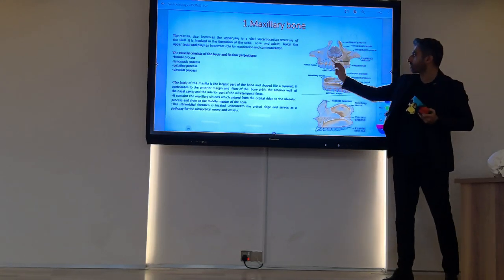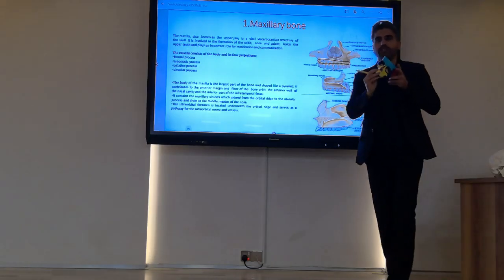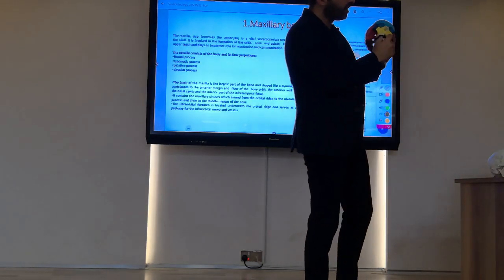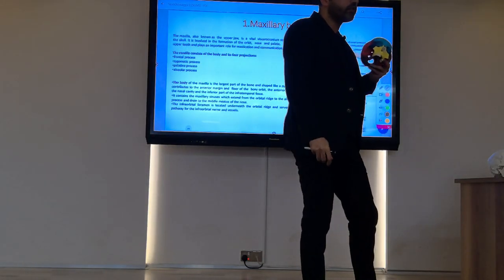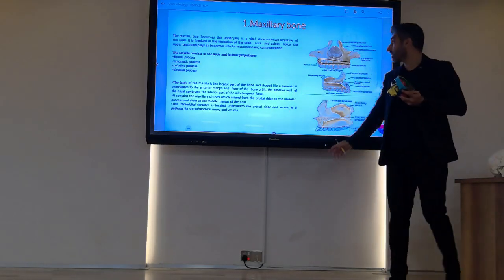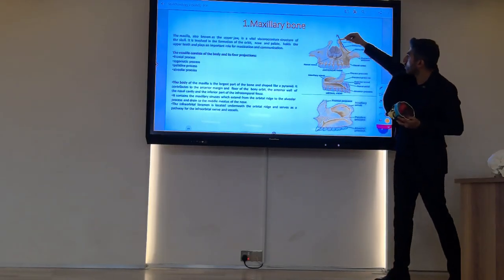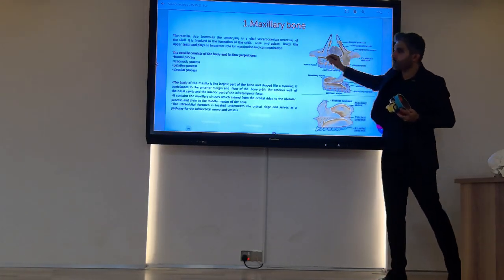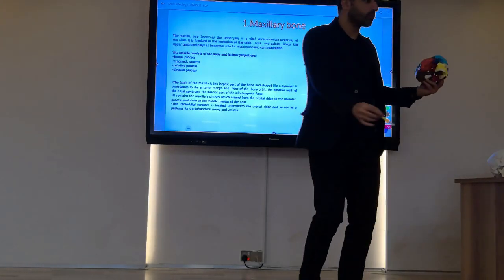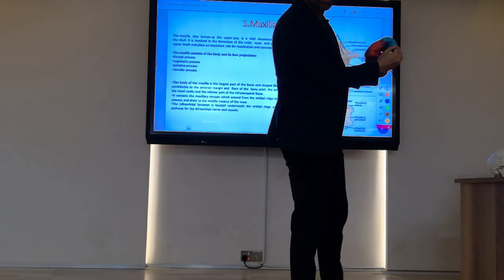Yes, for the roots of the teeth, this part. You can see the roots of the teeth are located here. We call it the alveolar process, for the roots of the teeth. The second is the frontal process, because it goes up and attaches to the frontal bone. This yellow color goes up and attaches to the frontal bone.